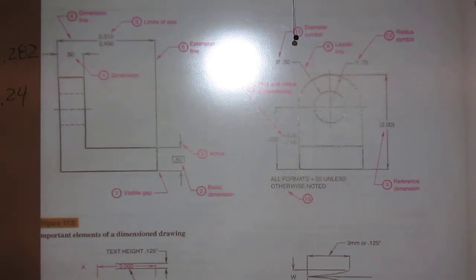Keep in mind that diameter and radius should precede the dimensional information. I think that's about it, isn't it? Let me make sure I hit everything on my notes. Okay, I think that's it. Any questions on those definitions?